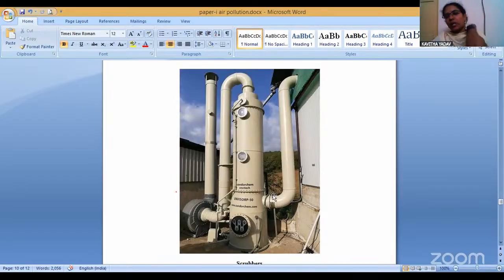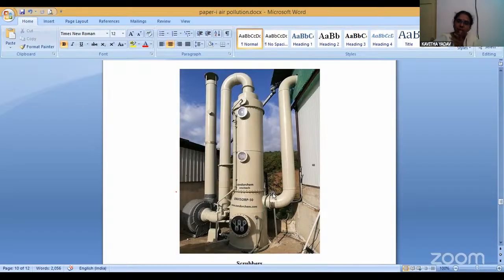So what is a scrubber here? We already discussed that scrubbers are among the most important pollution and emission control technologies. Scrubbers play a clear role in controlling emissions and removing chemical compounds, sludge and waste present in the gases.